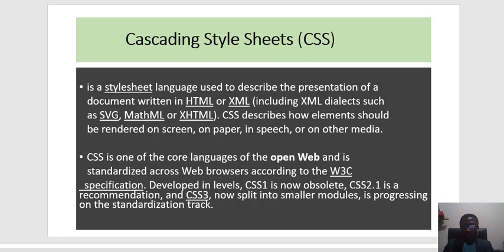Now, what this CSS does is that it describes how elements should be rendered on the screen. So when you have, let's say, a couple of HTML tags with contents inside of them, what this CSS does is that it describes how these tags should be rendered on the screen, on paper, in speech, or on other media.